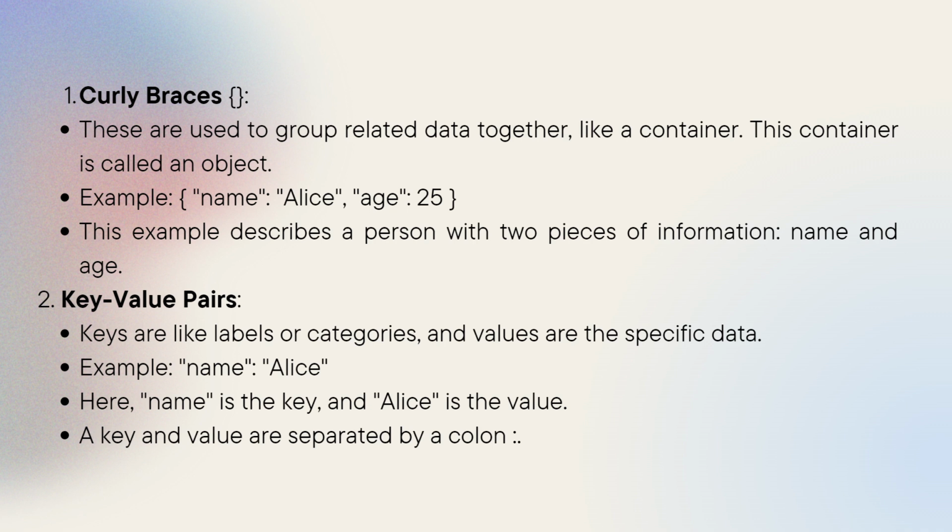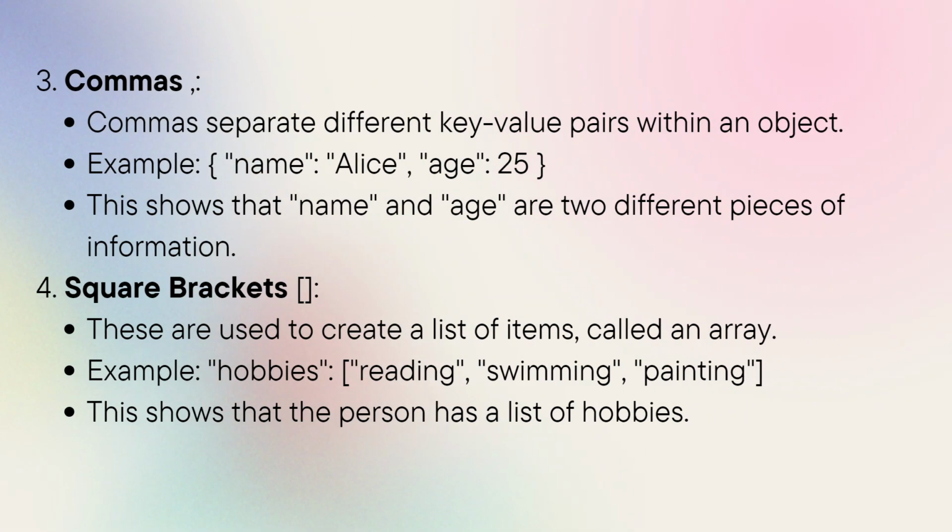It's like you're filling in a form with categories and specific details, which are separated using the symbol colon. The third category is commas, which are used to separate the key value pairs. In this example, the two keys are name and age, and as you can see, they are separated using a comma. So this is basically showing that name and age are two different key values.